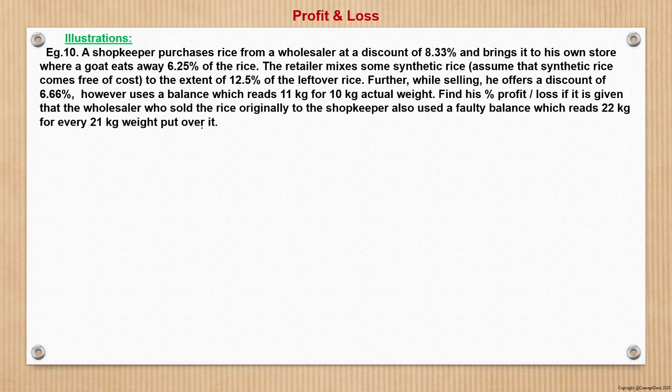So very interesting one, very interesting question. Let us see how to move ahead in a question of this nature. See, we will write this as SP is equal to CP into. Now let us see what will be the impact of different factors. Before coming to this method, I try to break this down into different factors.